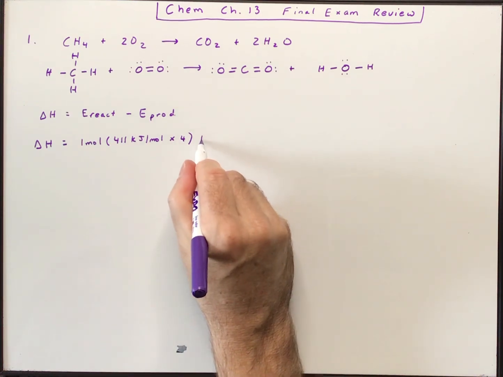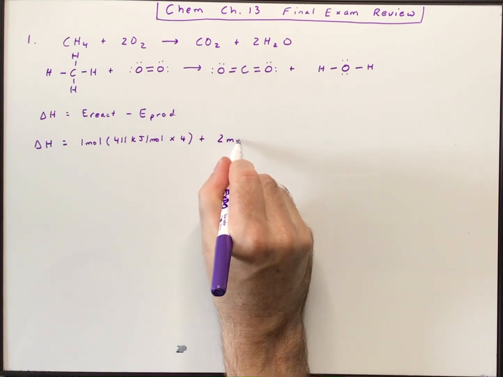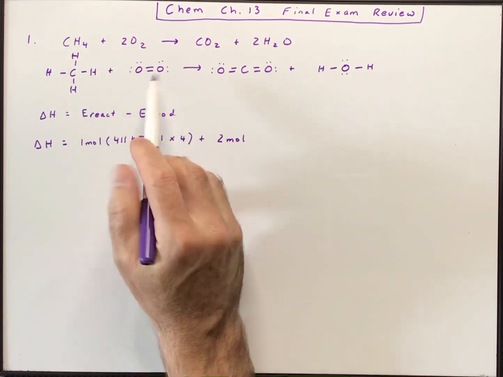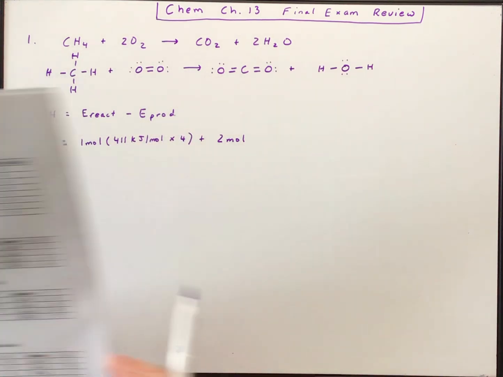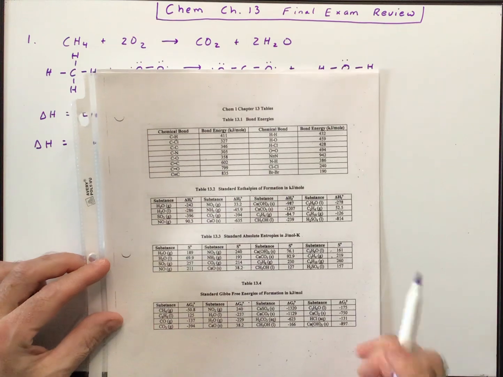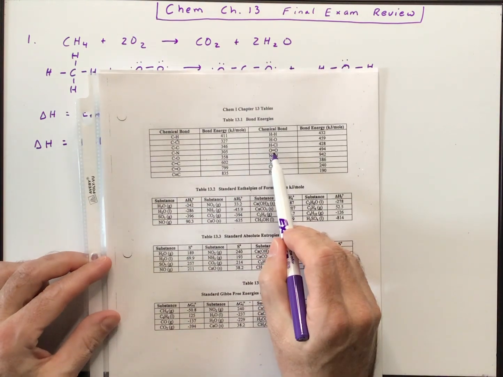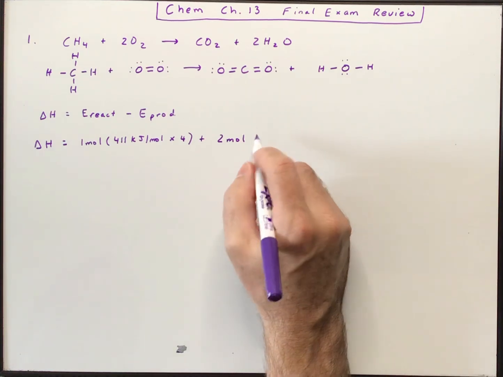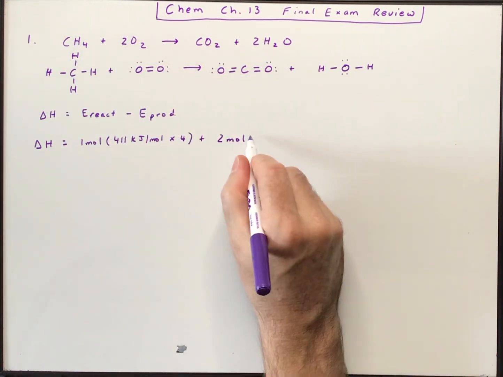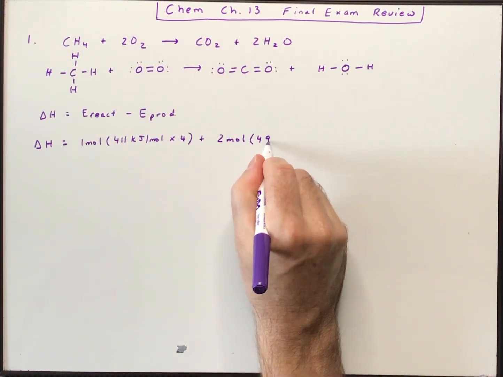We want to add to that 2 moles, and in this case we have 1 double bond with oxygen. So if you look at your table and find that O double bond O, it's 494 kilojoules per mole, and the 2 is because of the coefficient, so 494.